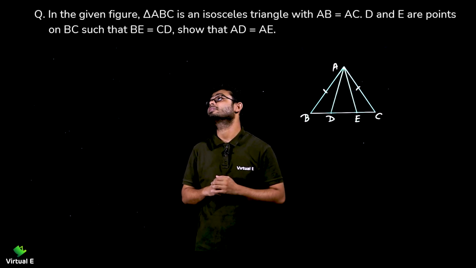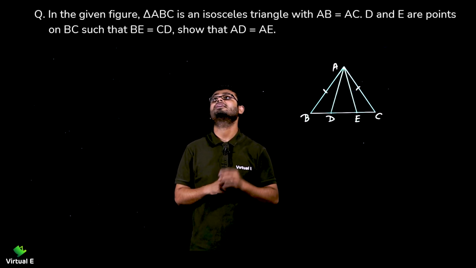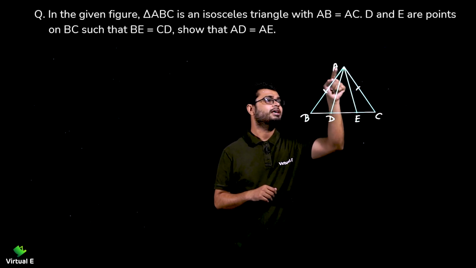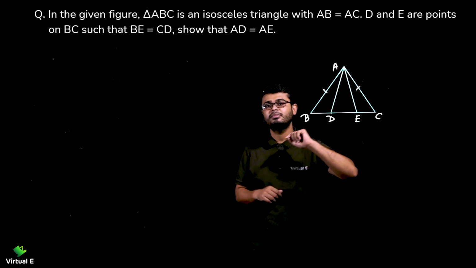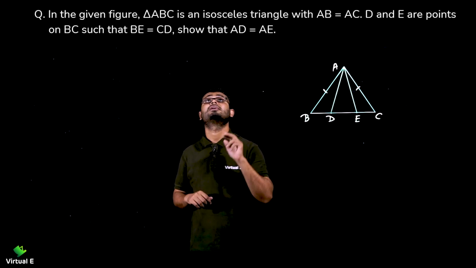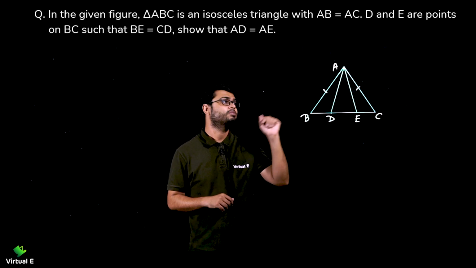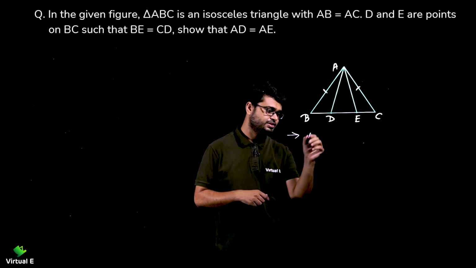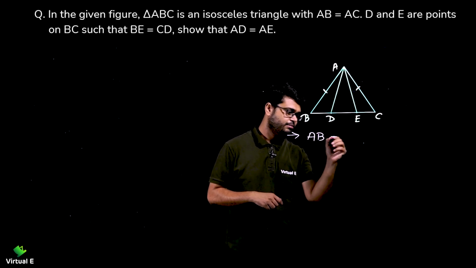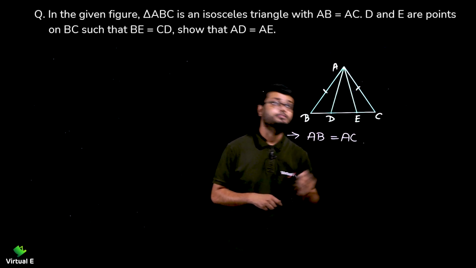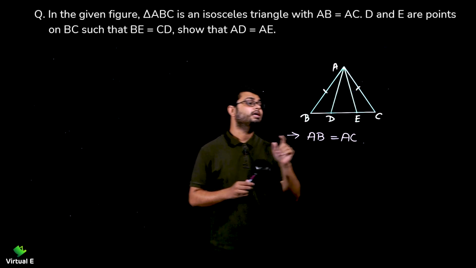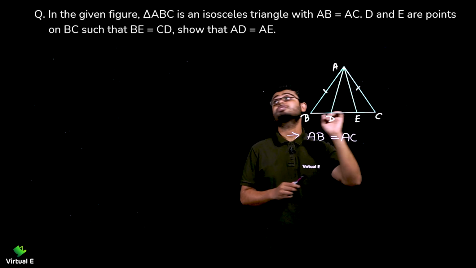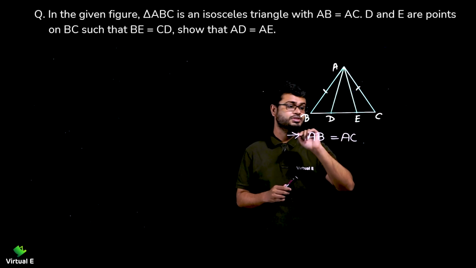In the given figure, triangle ABC is an isosceles triangle. So the first condition: ABC is an isosceles triangle means two sides are equal, in which AB is equal to AC. D and E are points on BC such that BE is equal to CD.